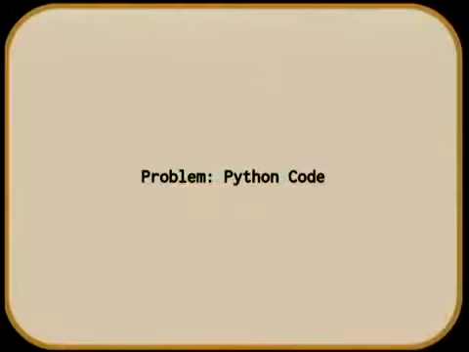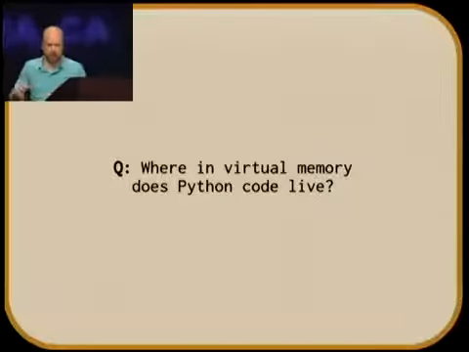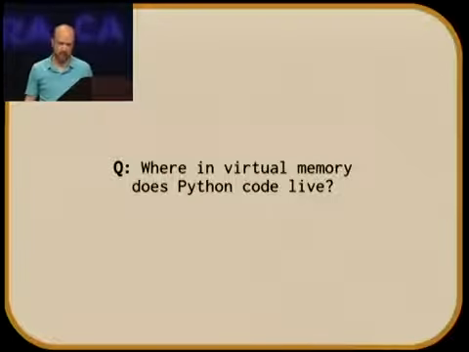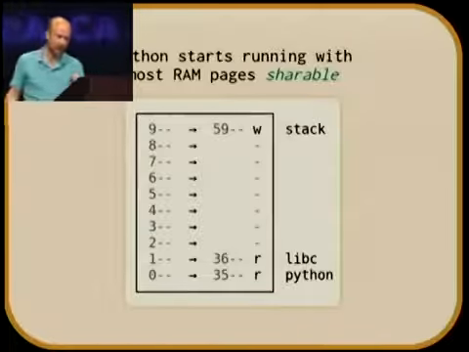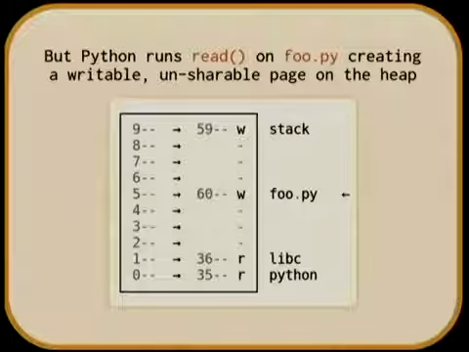Now, immediately we hit a problem with this idea of sharing binary code, which is Python. Because where in this virtual memory image that your process runs in does your Python code live? Python, like any other process, starts running with the Python binary and any libraries it uses shareable, and only its own stack needing to be writable.